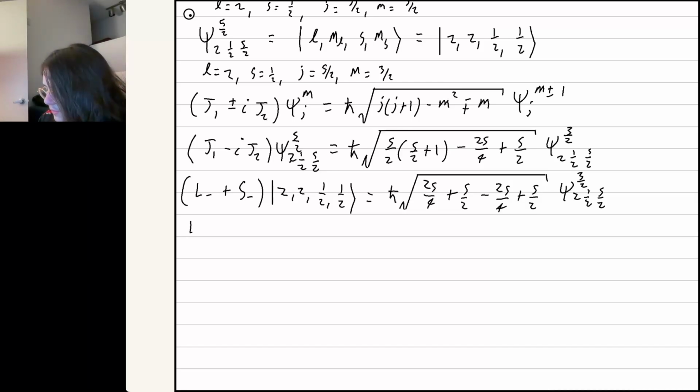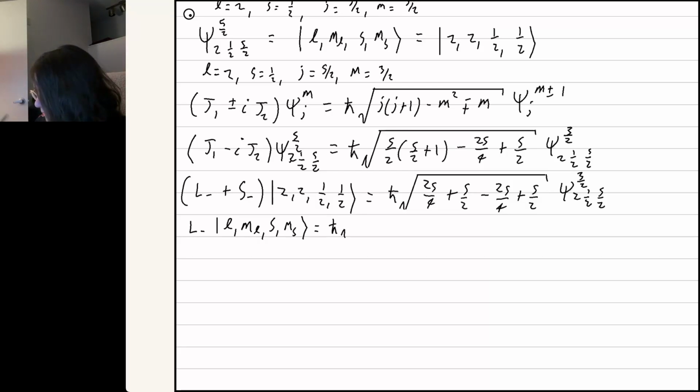Okay, moving right along. If we use the definition of a ladder operator, L minus operating on a state vector L, ML, S, MS, it will be h bar times the square root of L plus ML times L minus ML plus 1.